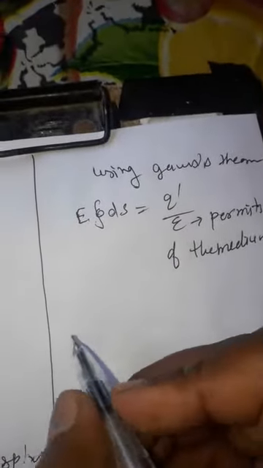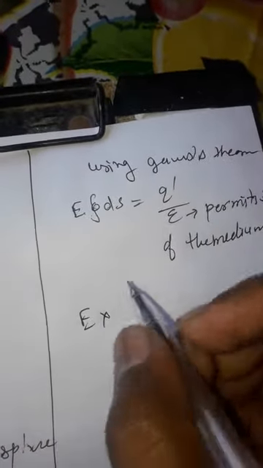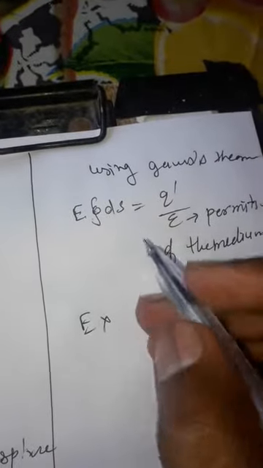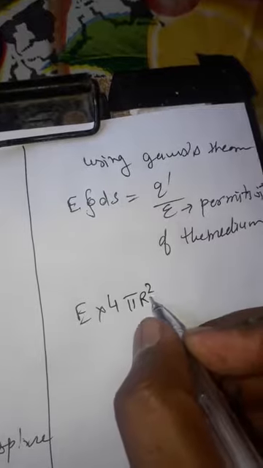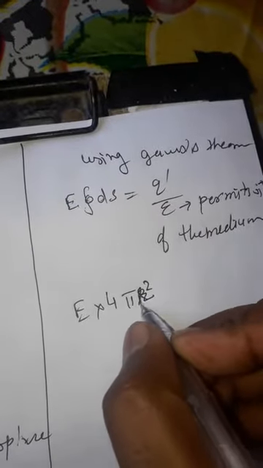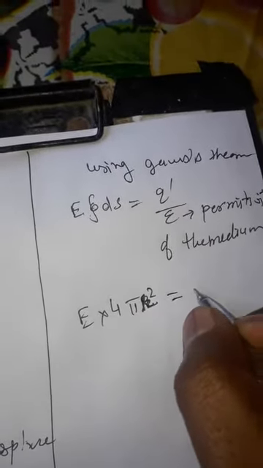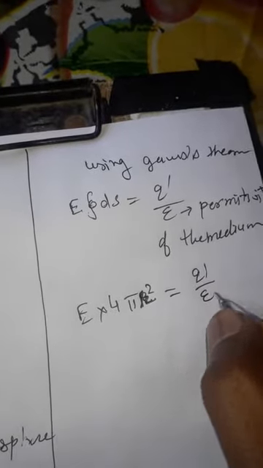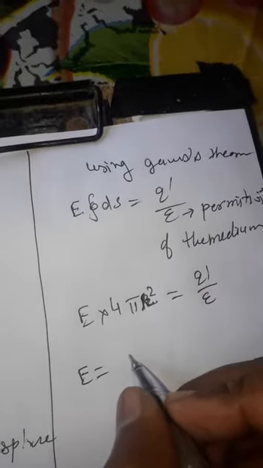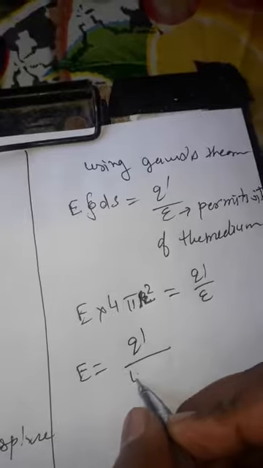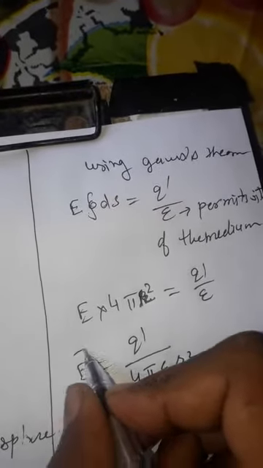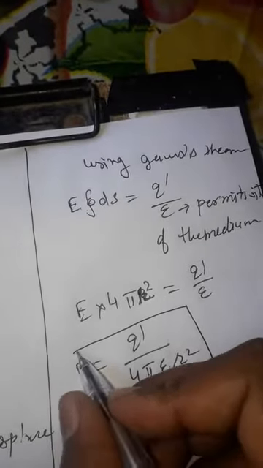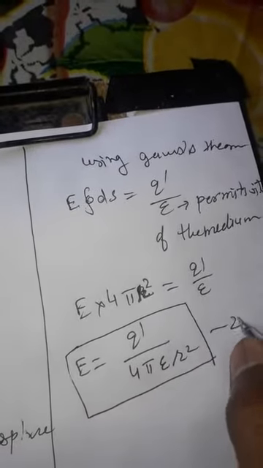So E into the integral, which represents the surface area of the sphere, that is 4 pi r square, equals q dash upon epsilon. So the electric field is E equals q dash upon 4 pi epsilon r square. This is equation second.